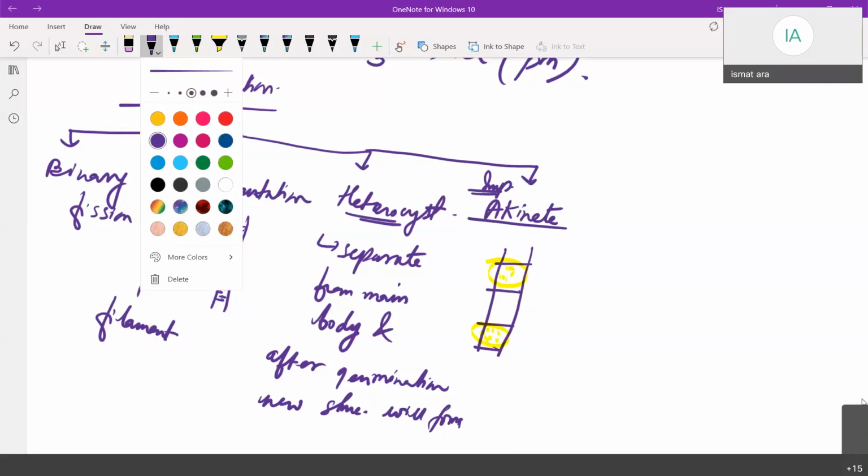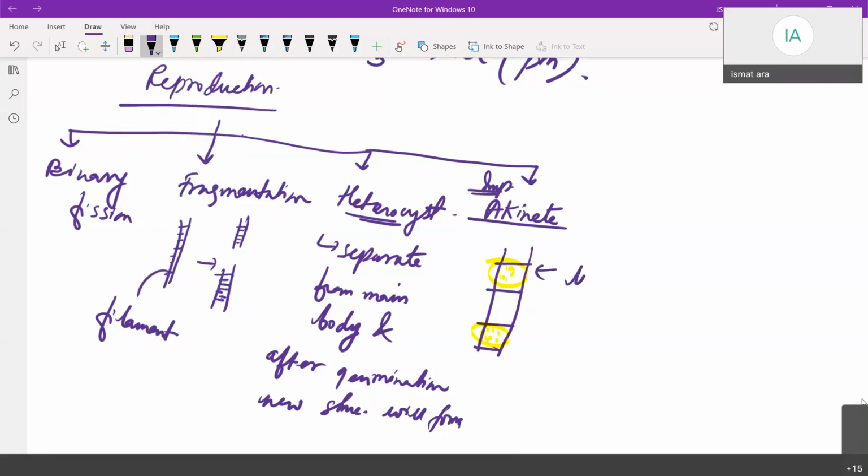These are actually thick-walled structures. They form thick-walled structures during unfavorable conditions.